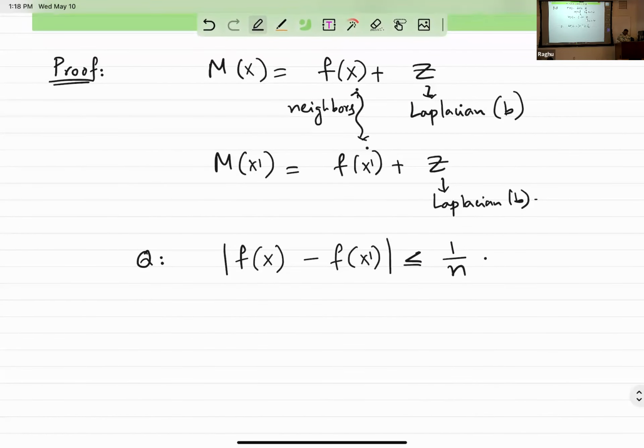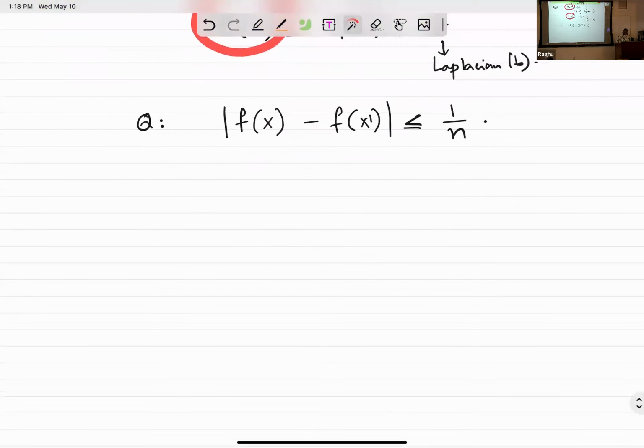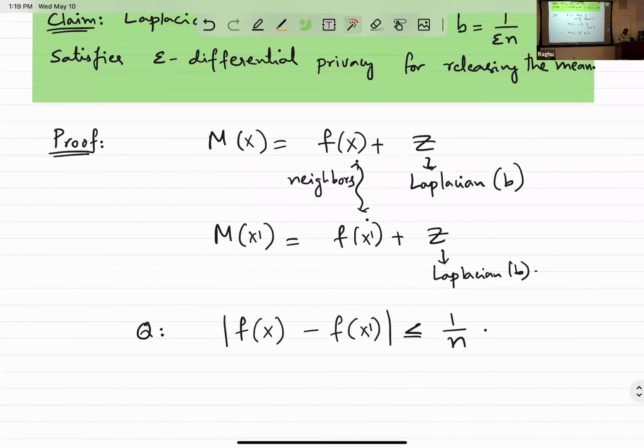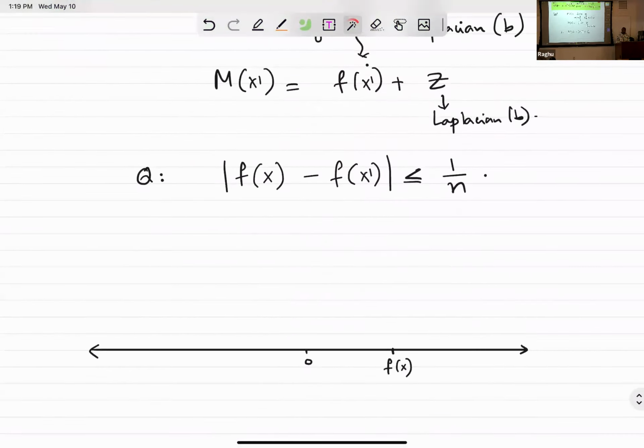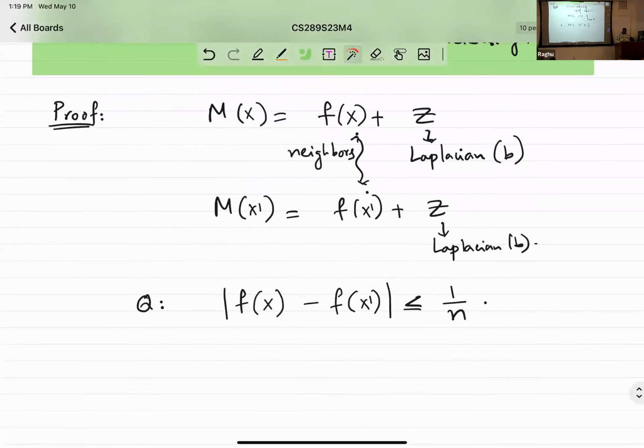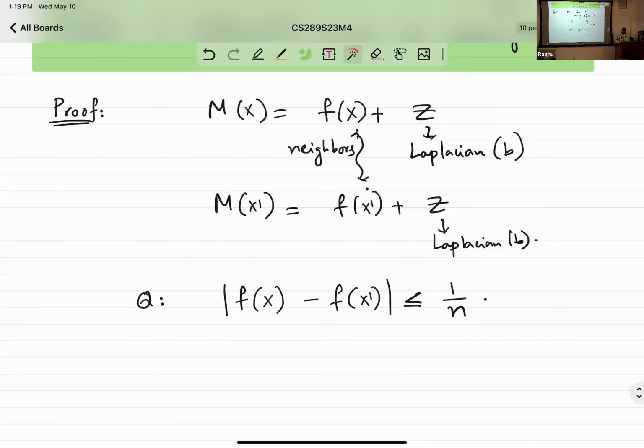And if you think of these two distributions now, m of x and m of x prime, what do they look like? You have 0 and you have f of x. What's the distribution of m of x, the answers that you would get under the first database? Well, by definition, it is still a Laplacian distribution, except it's shifted.